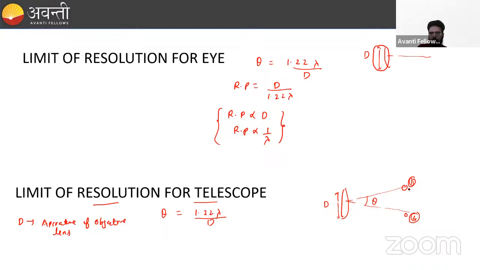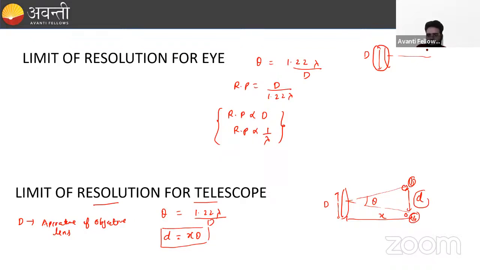And if you want to find the distance between two stars, how can we calculate it? If we know this distance x, we can apply that arc equals x into theta, that is, arc equals radius into angle. For a large distance, we can consider this, and we can find the distance between two objects.